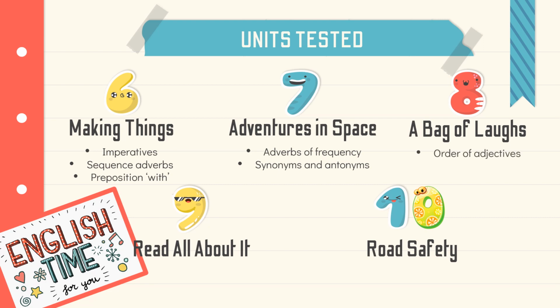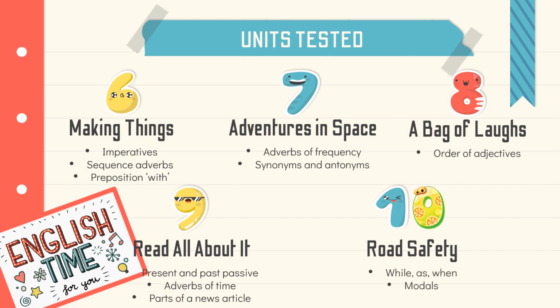In Unit 8, you learned about the order of adjectives. In Unit 9, you learned about present and past passive, adverbs of time, and parts of a news article. And in Unit 10, you learned about while as when and modals.